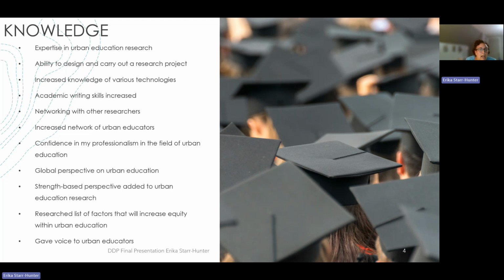I've increased my network with other researchers, not just through my cohort, but also through ResearchGate. I've increased my network of urban educators through all the different contacts I had to make in order to complete the survey. I have more confidence in my professionalism in the field of education. I have a more global perspective on urban education.